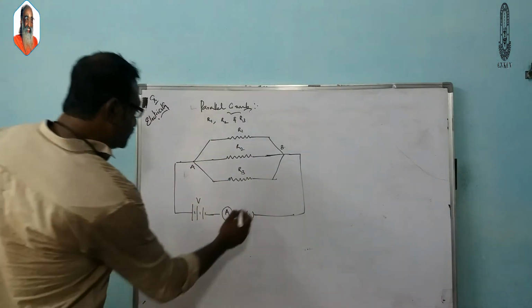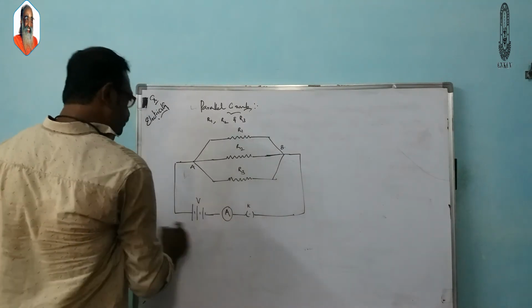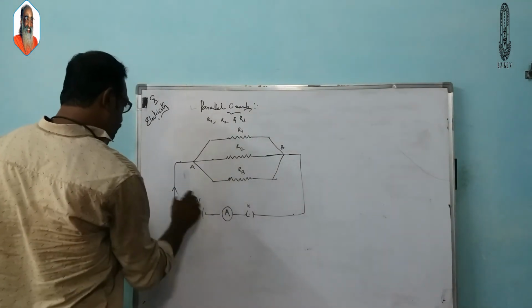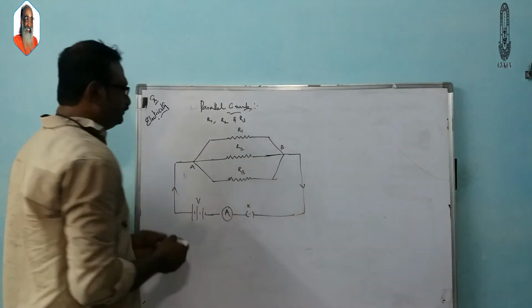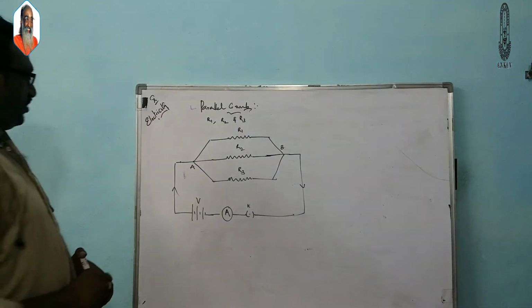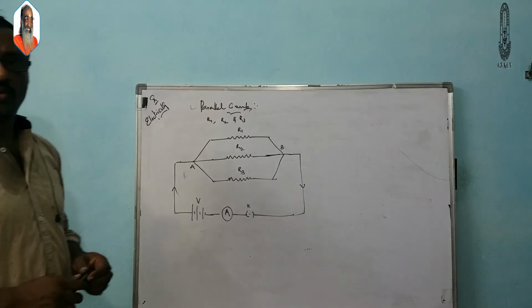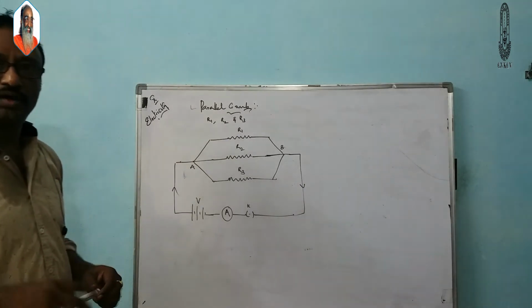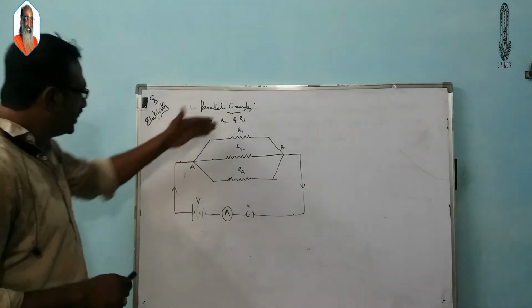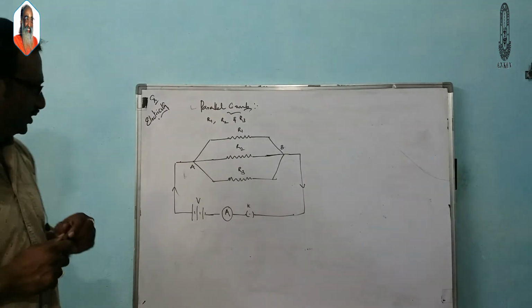And if the key is put on, the current flows from the positive to negative, so I'll put the arrow mark like this. So after making the circuit here, first I want to know what happens to the current and what happens to the potential difference at each resistance.